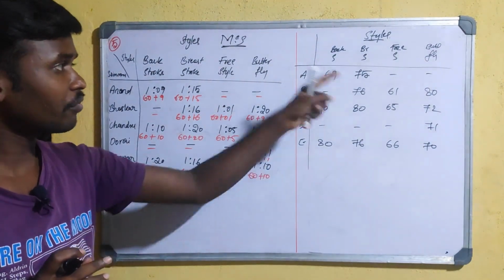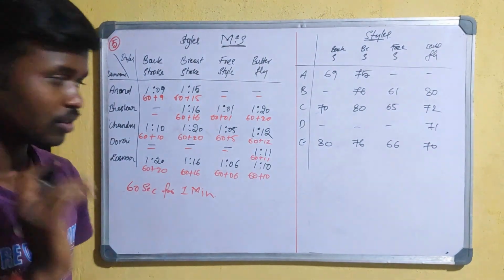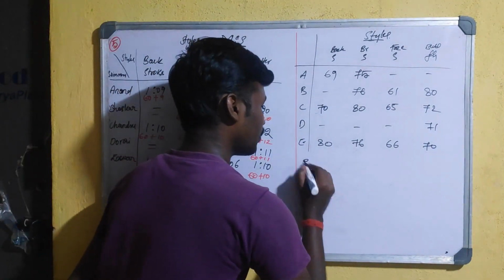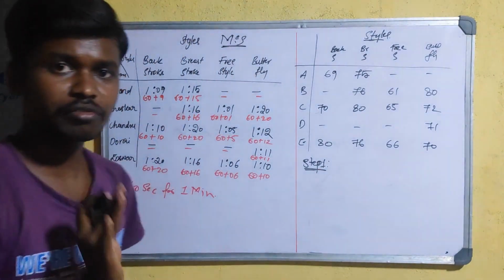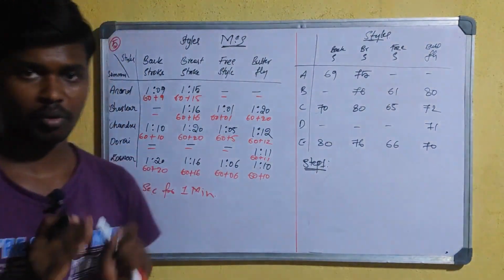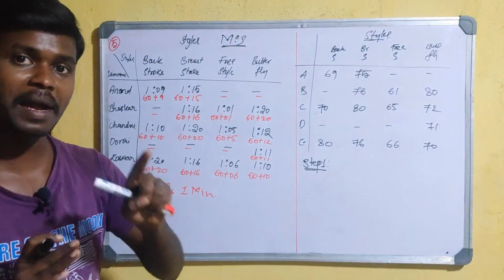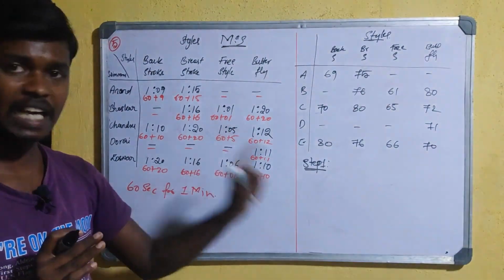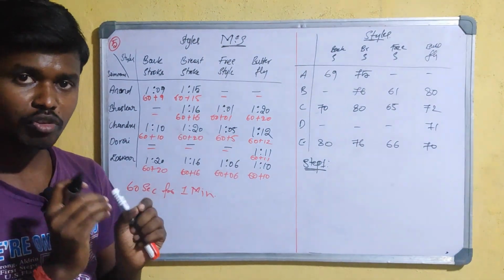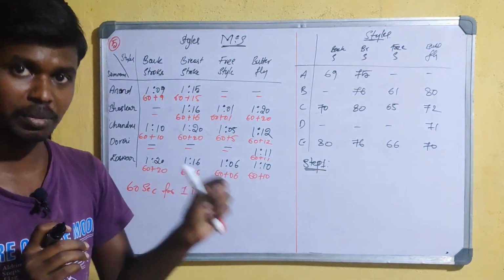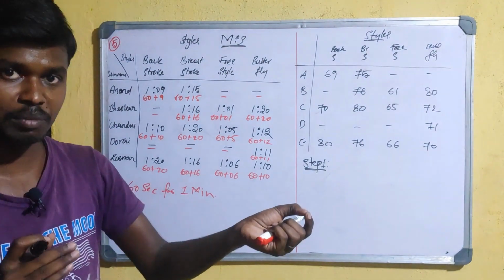Okay, so after this, see, the first step in this problem, we have to confirm whether the given transportation problem is a minimization problem or maximization problem, right? So ultimately they have given the time. Within minimum time we have to cover 100 meters, that is the swimmer covers 100 meters, right?